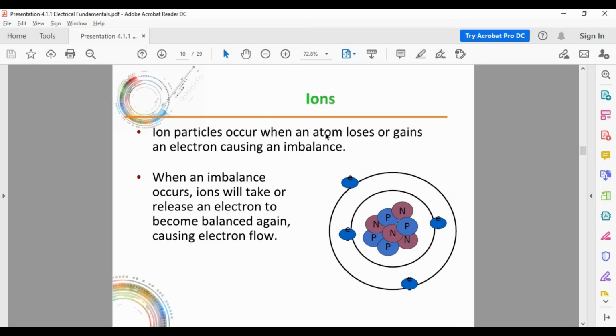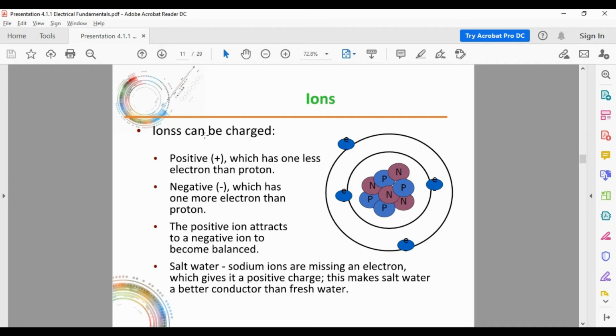An ion occurs when an atom loses or gains an electron to cause an imbalance. When an imbalance occurs, ions will take or release an electron to try and become balanced again, causing this electron flow. Ions can be charged. A positive charge means that there is at least 1 less electron than proton.